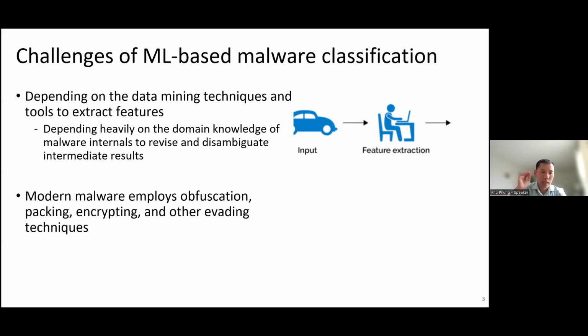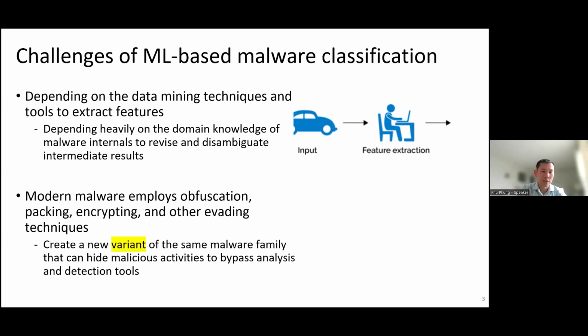The challenge is that modern malware nowadays has a lot of techniques to overcome this analysis. For example, they have obfuscation techniques, packing techniques, encrypting techniques, and many other advanced evading techniques. For example, they have the same sample, the same family of malware, but they create a new variant of the malware so that they can hide the malicious activity.